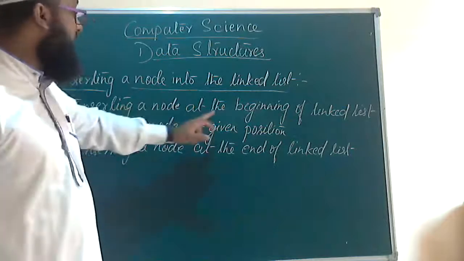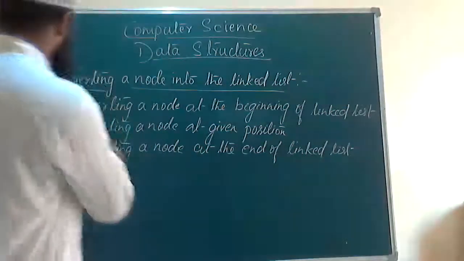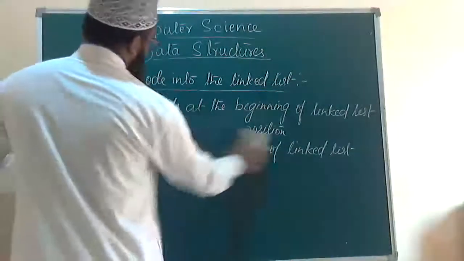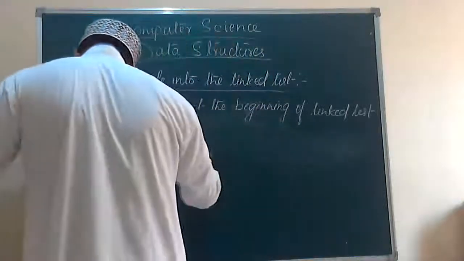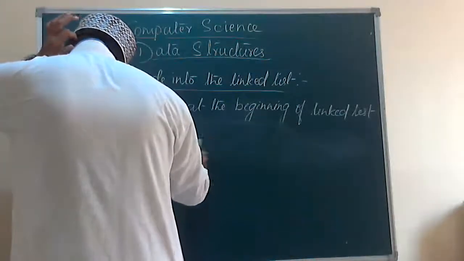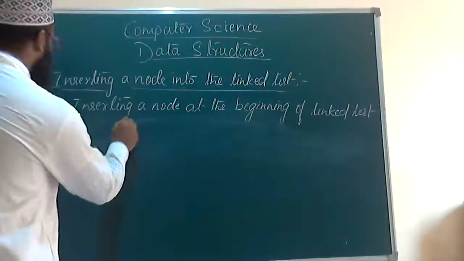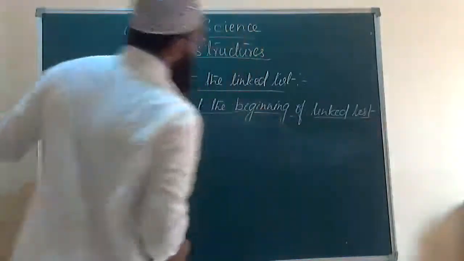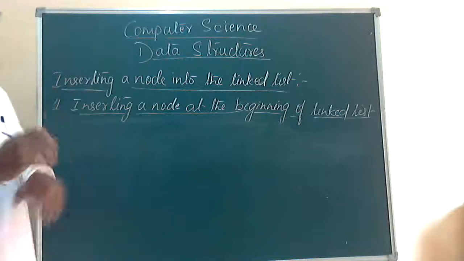First, we shall discuss inserting a node at the beginning of the linked list. How can we insert a node at the beginning of a linked list? It has some rules.